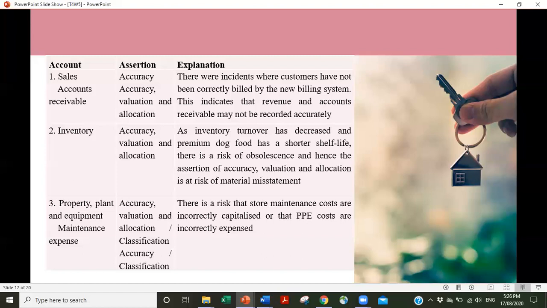Now, another example of an expense that is sometimes incorrectly capitalised is legal expenses related to property. In your purchase, your stamp duty and all of those expenses are part of the value and classification of the fixed asset.